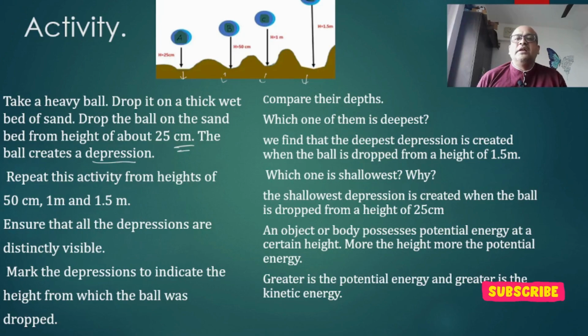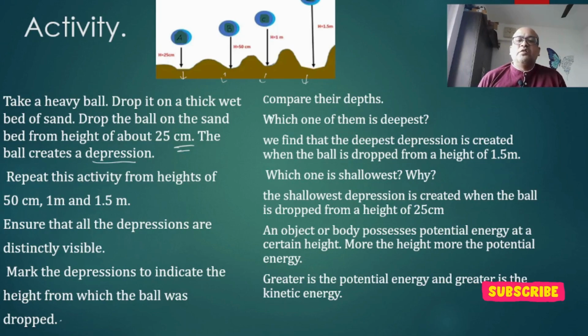The ball will go inside and create a depression. You need to measure the depression. Ensure that all the depressions are distinctly visible. Mark the depression to indicate the height from which the ball was dropped.